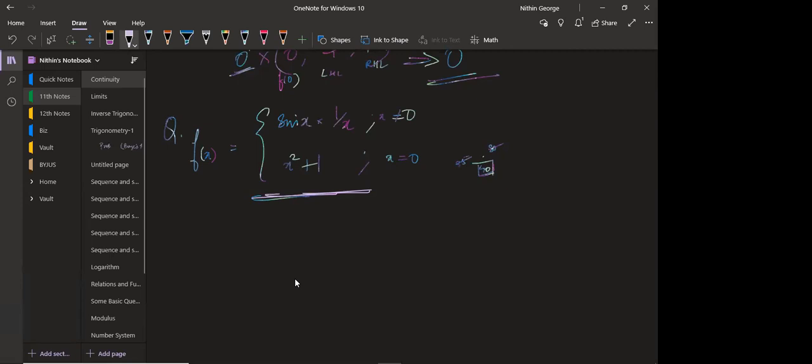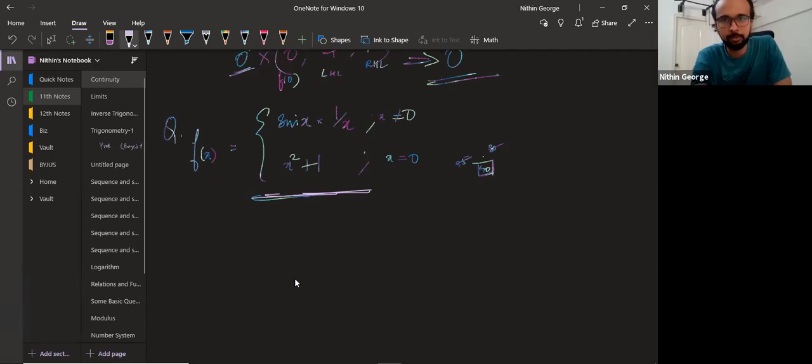So the function is defined at x equal to 0 as x squared plus 1, so it becomes 1 at x equal to 0.